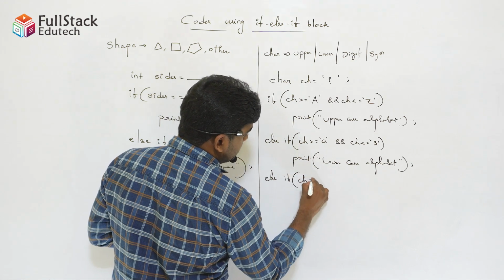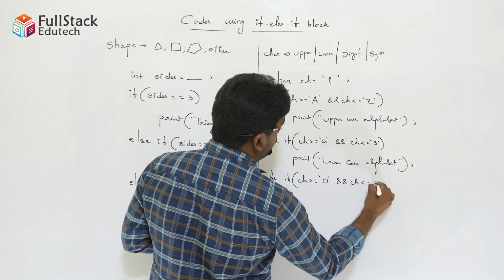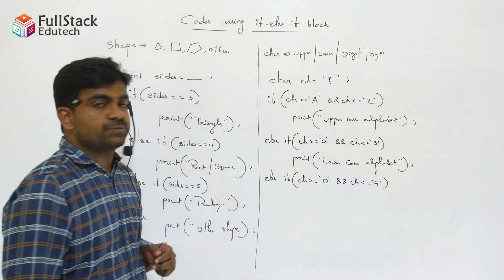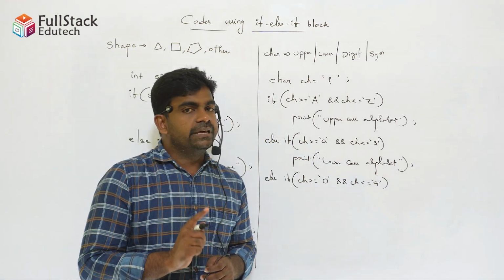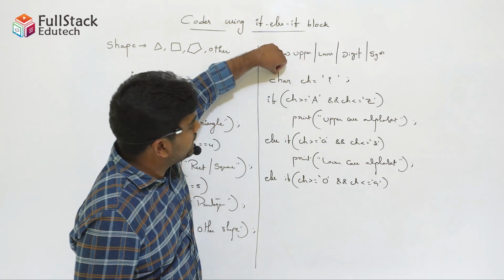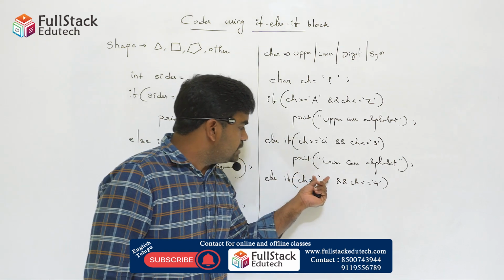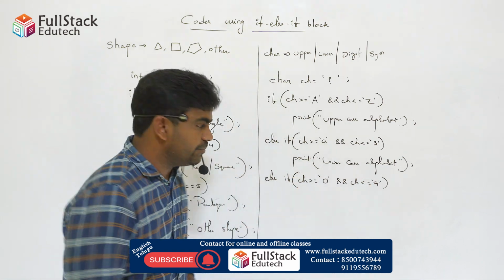Else if it is a digit, 0 to 9, here 0 and 9 also you have to represent with single quotes only. Very, very important, because we are taking the input in character format, not in number format. So please use single quotes here and here.